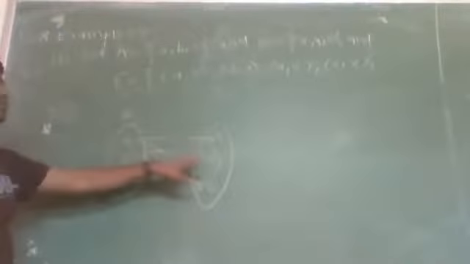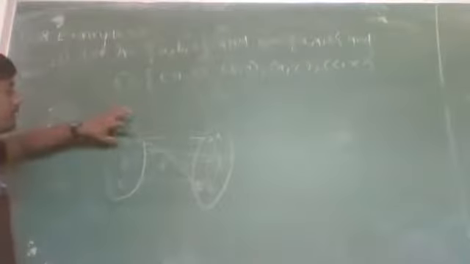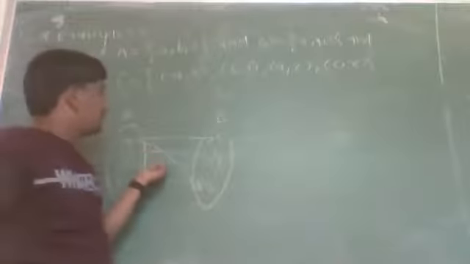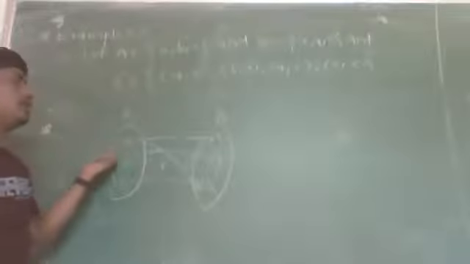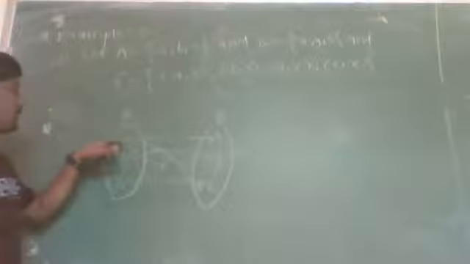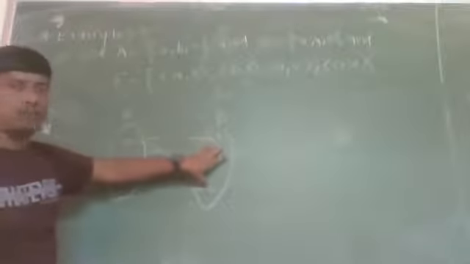So here, element B in set A has a unique image. Similarly, element C has a unique image. But element A has two images in set B, which is a contradiction to our definition of a function. The definition of function states that each element in A has a unique image in B, but here element small a belonging to A has two images in set B, which is not possible by definition of function.